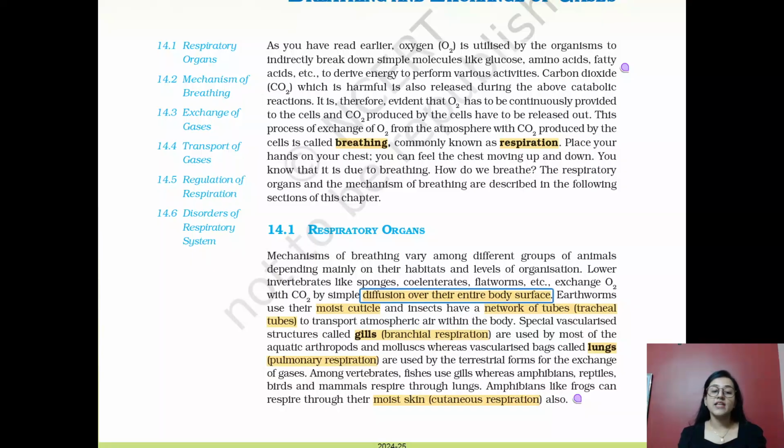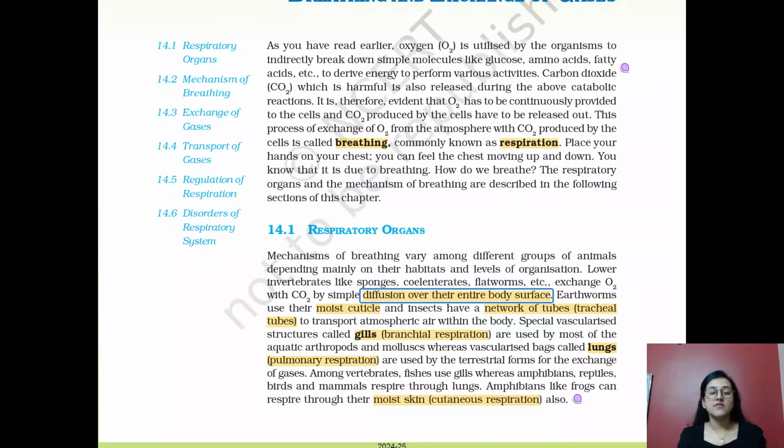Special vascularized structures called gills, and the respiration through gills is known as branchial respiration, is used by most of the aquatic arthropods and mollusks, whereas vascularized bags called lungs are used by the terrestrial forms for the exchange of gases.